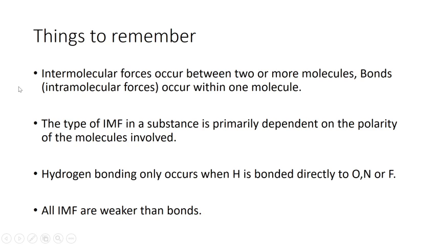So if you remember from the last video, talking about molecular shape, and how that plays into polarity, IMF has a lot to do with shape and polarity. Hydrogen bonding only occurs when hydrogen is bonded directly to oxygen, nitrogen, or fluorine. And all types of intermolecular forces are weaker than bonds.